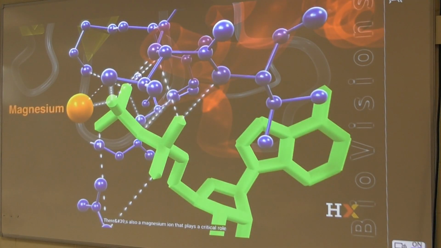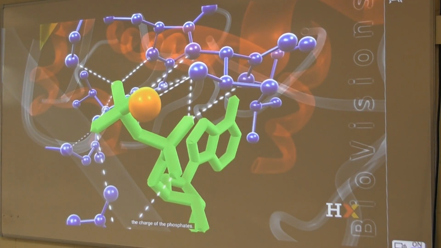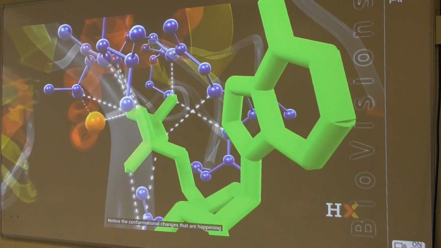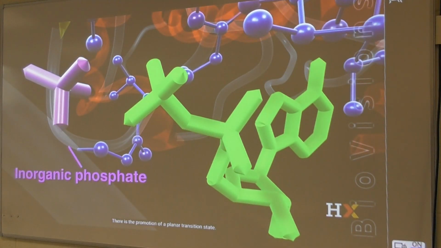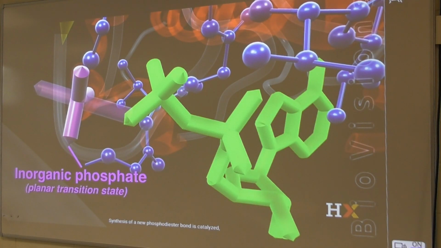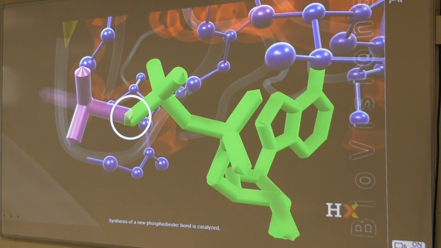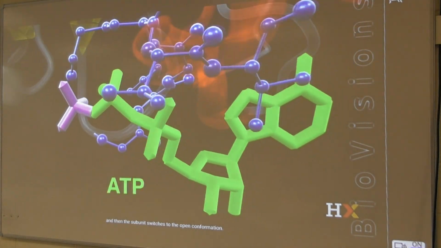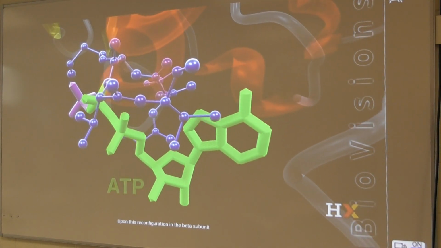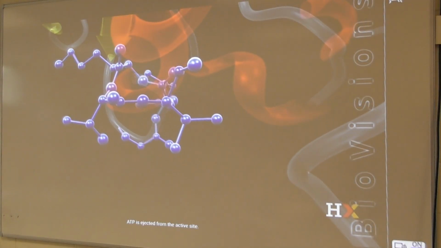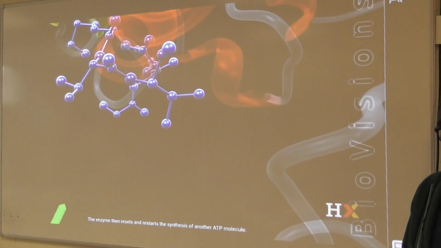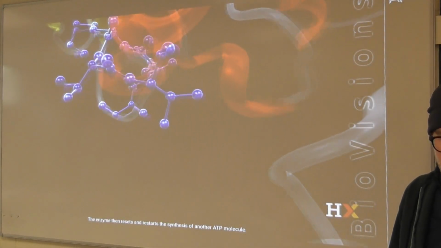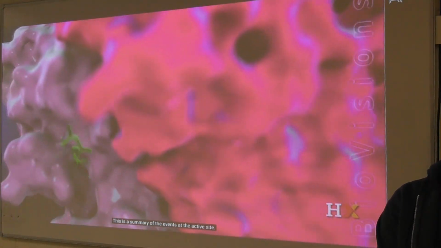There's also a magnesium ion that plays a critical role in not just stabilizing, but also neutralizing the charge of the phosphates. Notice the conformational changes that are happening when the inorganic phosphate comes in. There is the promotion of a planar transition state. Synthesis of a new phosphodiester bond is catalyzed, and then the subunit switches to the open conformation. Upon this reconfiguration in the beta subunit, ATP is ejected from the active site. The enzyme then resets and restarts the synthesis of another ATP molecule. This is a summary of the events at the end.